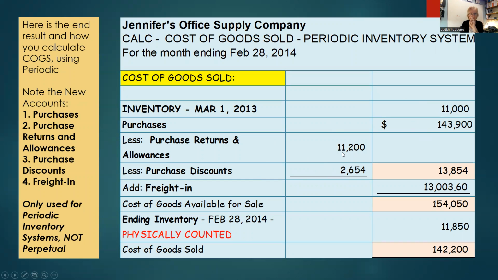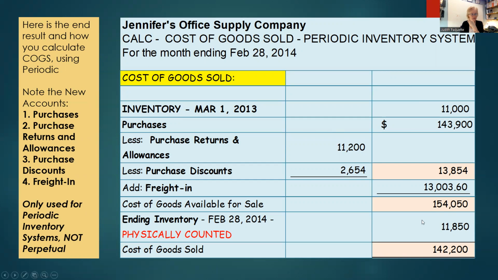Less purchase returns and allowances, that's 3. Less purchase discounts, that's 4. Plus freight in, that's 5. So 5 things, starting with beginning inventory, equals goods available for sale.